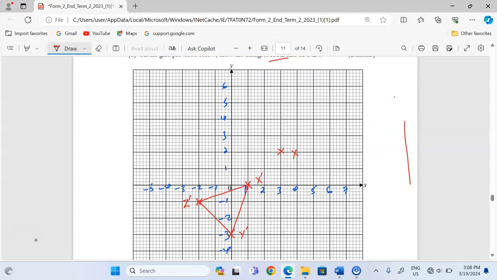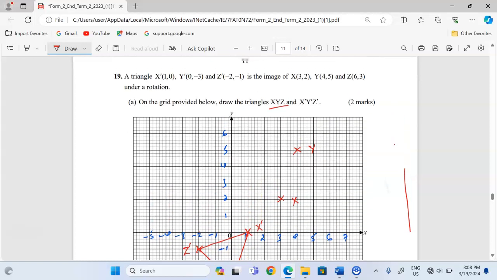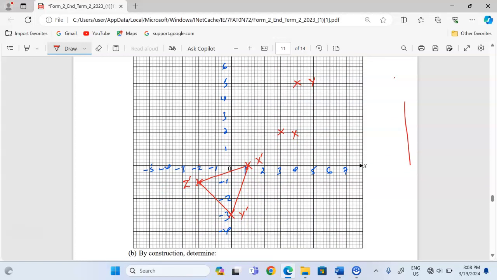So (4, 5). This is where it is. And Z is (6, 3). (6, 3). We found it here. That is our Z. So now we can connect them using very straight lines.